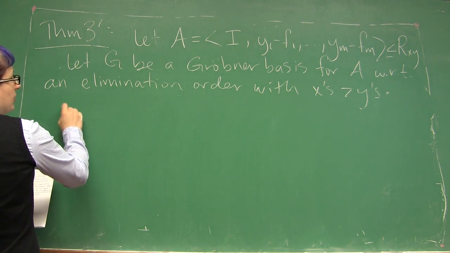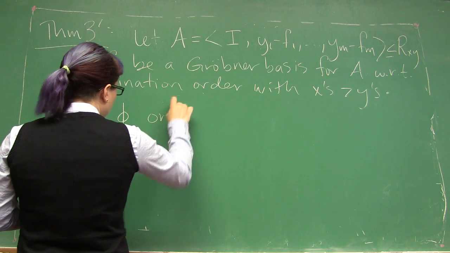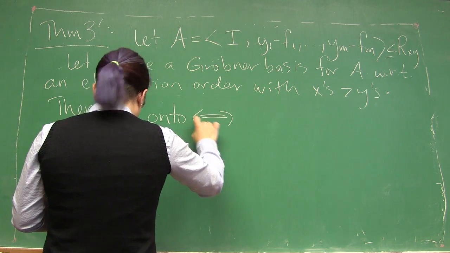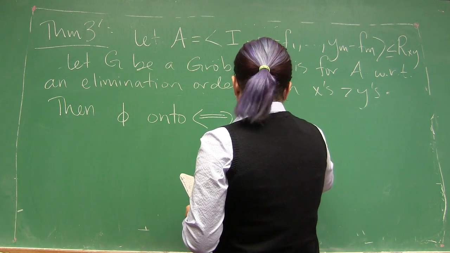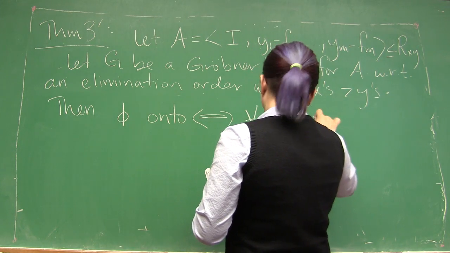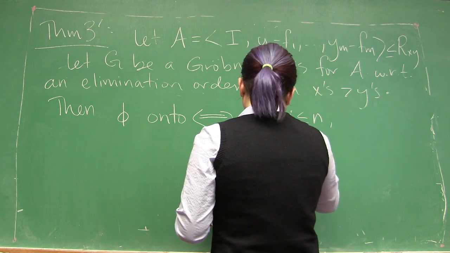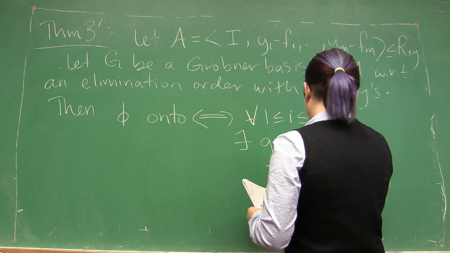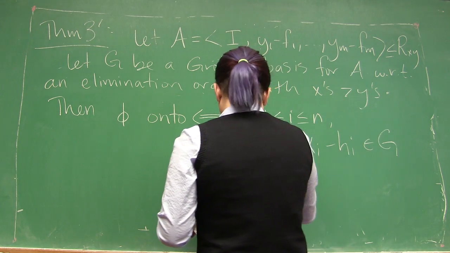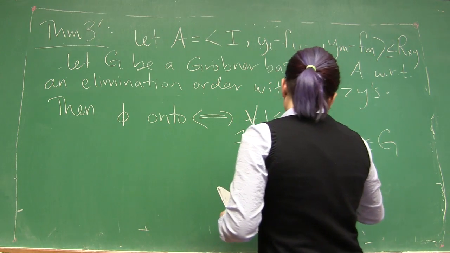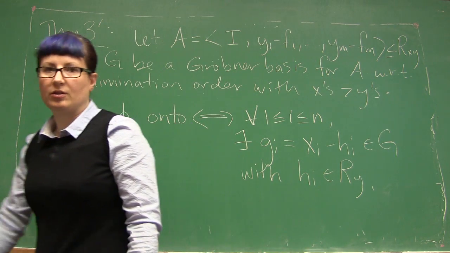And we have that phi is onto if and only if for every xi variable there exists an element of the Grobner basis that's of the form xi minus hi, with hi a polynomial in only y variables. So just like in theorem 3.